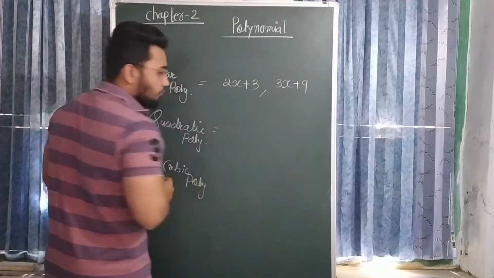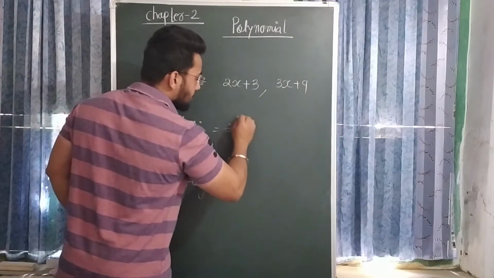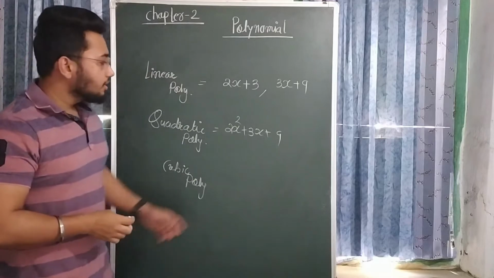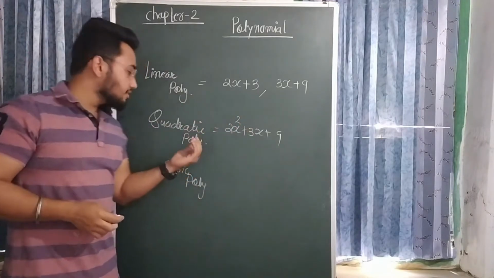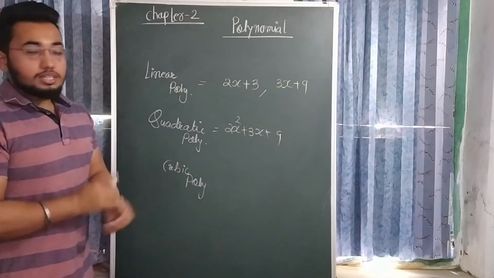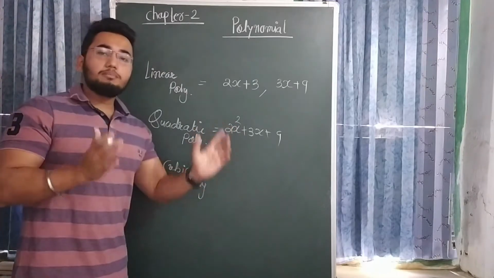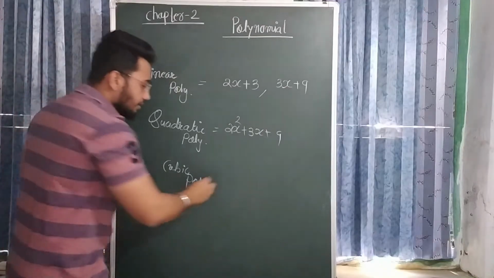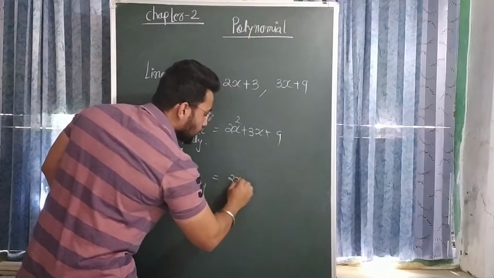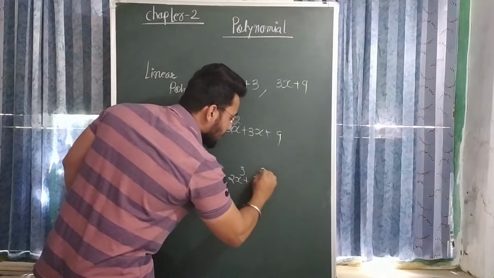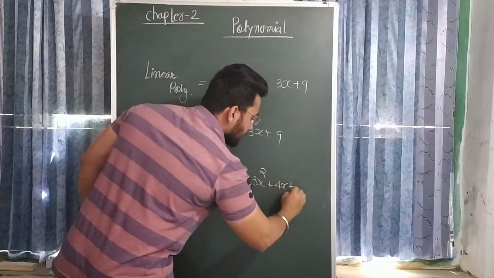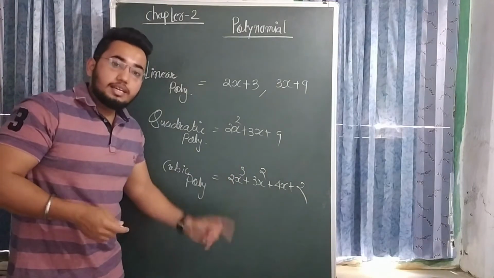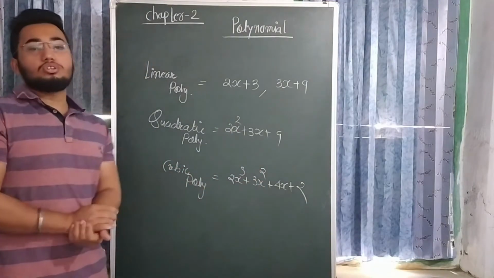Now quadratic. Simple: 2x square plus 3x plus 9. Here you see the maximum power of variable is 2. That's why we can say that this is a quadratic polynomial. Whenever the maximum power of a variable is 2, we call it a quadratic polynomial. Similarly, whenever I write 2x cube plus 3x square plus 4x plus 2, you see here the maximum power of variable is 3 and that's why it is known as a cubic polynomial.